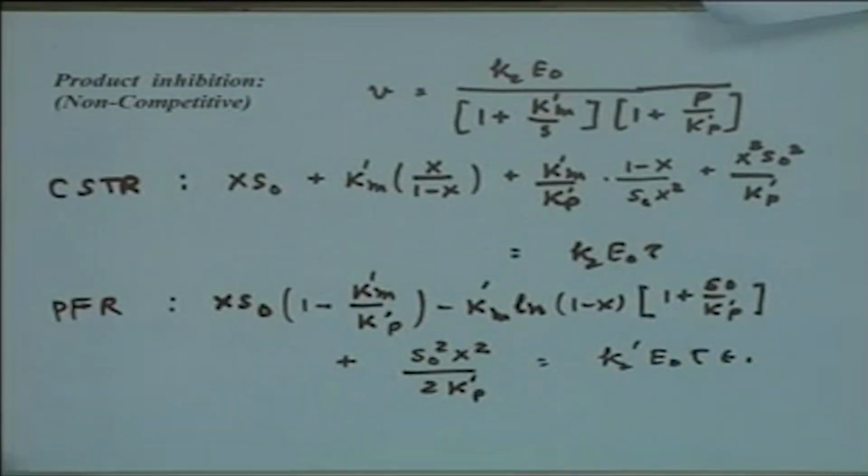So basically, when the enzyme is subjected to inhibition by excess substrate, it is more serious in the case of a plug flow reactor.